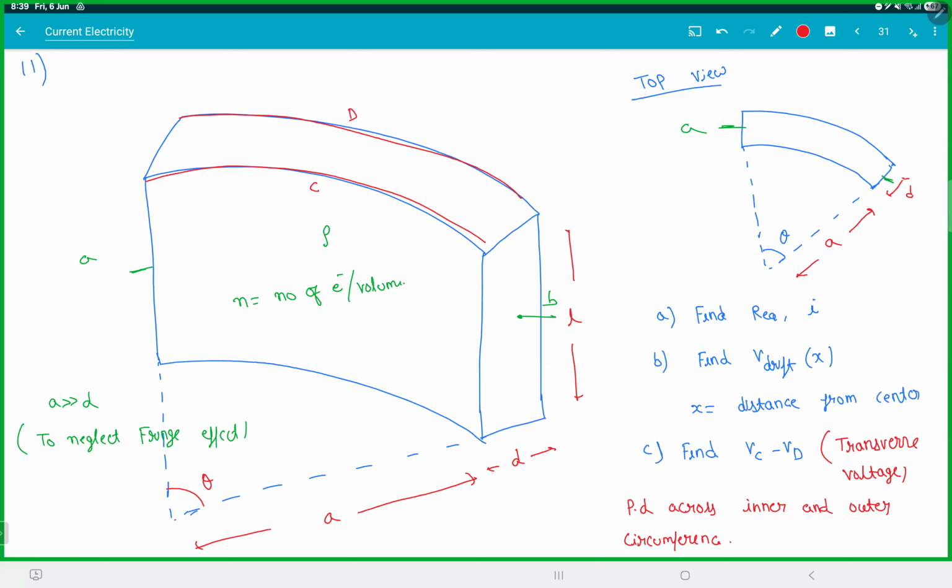Let's get the resistance. And the first thing is, how do you choose your element?